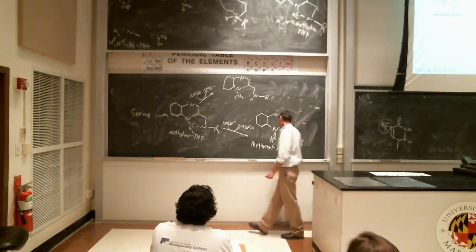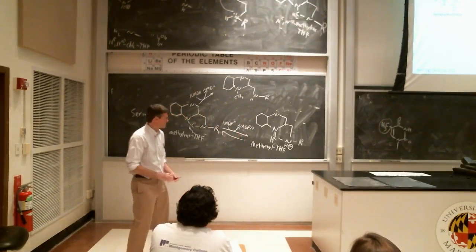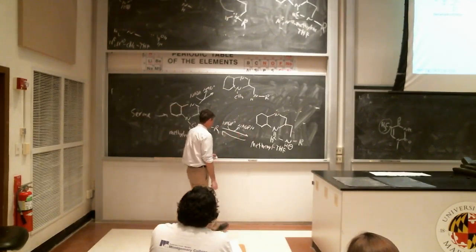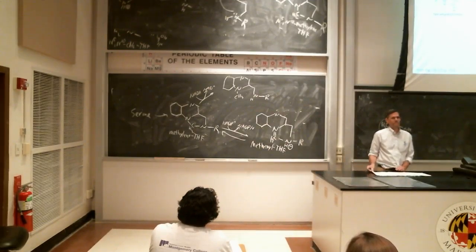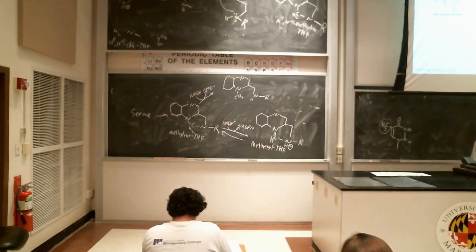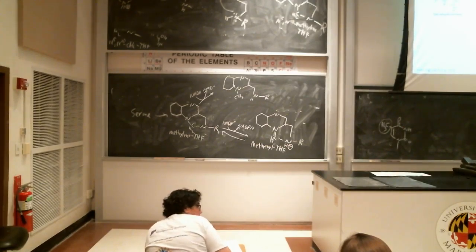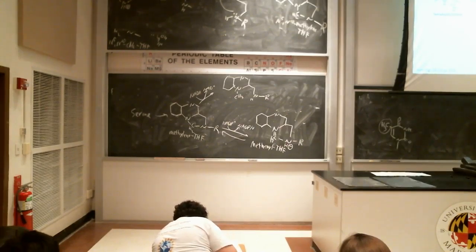This reaction is reversible, so it's not necessarily that you're making any NADPH. Any other questions? Yes. So would the amount of folate in one's diet affect their cancer risk at all? Does the amount of folate in the diet affect cancer risk?